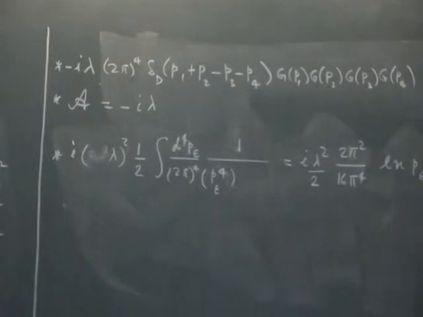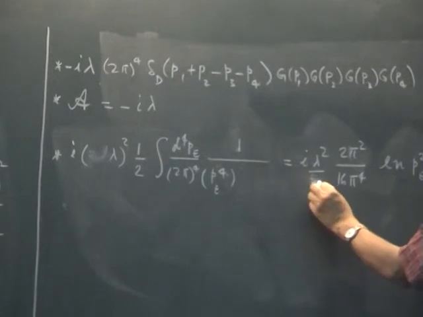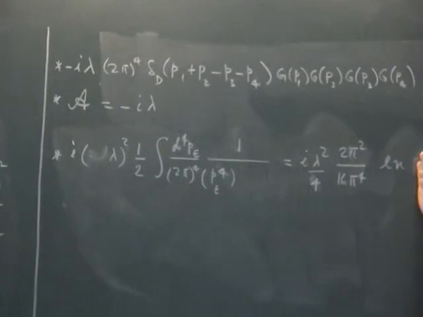Therefore, I would like to write this as log p square and put another factor 2, and I use an upper cutoff, which will be some lambda, which has dimensions of square of the mass, divided by the lower cutoff I would take to be the scaling variable. Yes, this is p square.